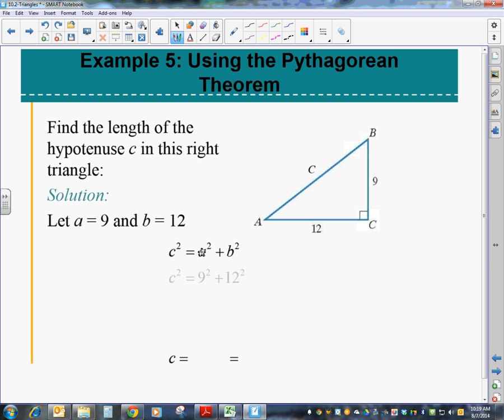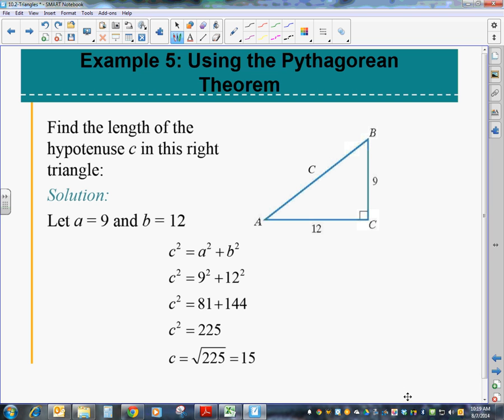Then I'm going to fill in A is 9, B is 12. I square both of those. 9 squared is 81. 12 squared is 144. Combine those. C squared equals 225. And then we take the square root of both sides. The square root of 225 is 15. So our answer is that C equals 15.